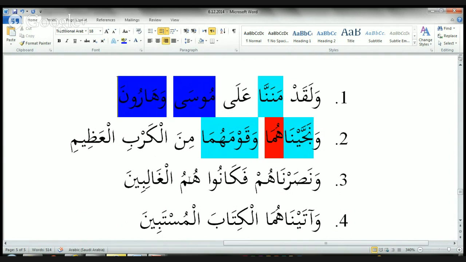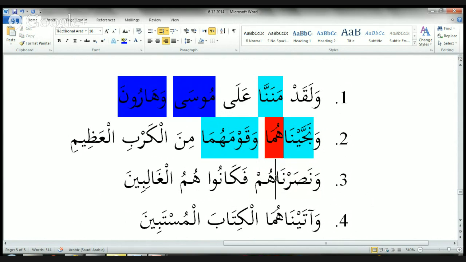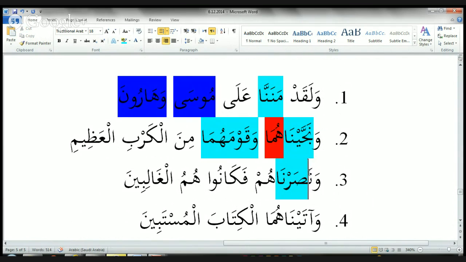وَنَصَرْنَاهُمْ فَكَانُوا هُمُ الْغَالِبِينَ. وَنَصَرْنَاهُمْ. Same thing. And we helped. That is an attached pronoun. Good. Nasarna is an attached pronoun. Hum is what?